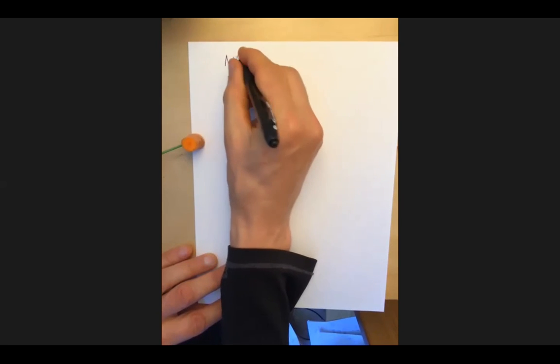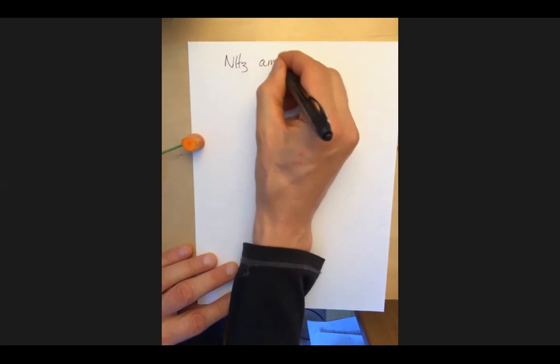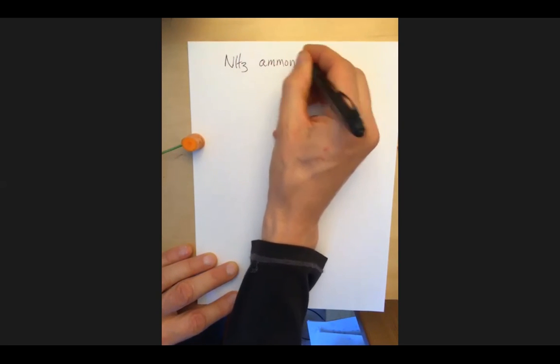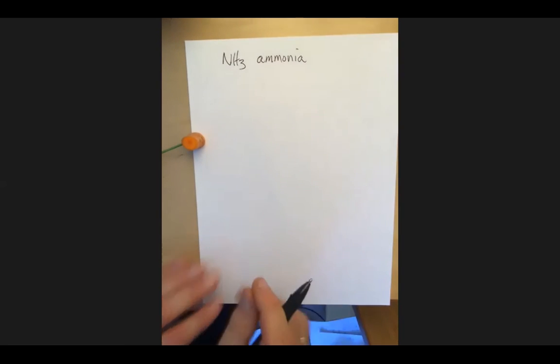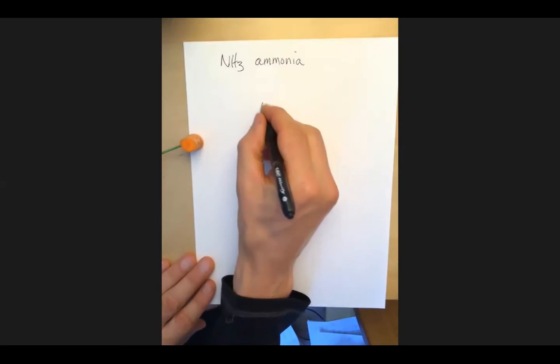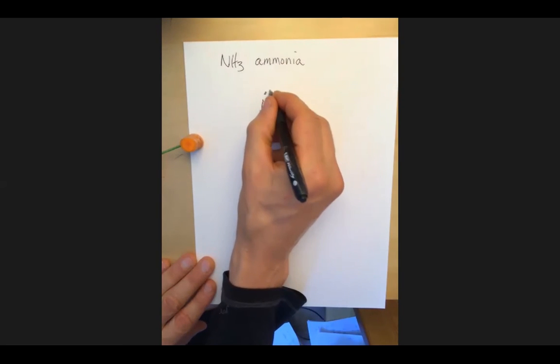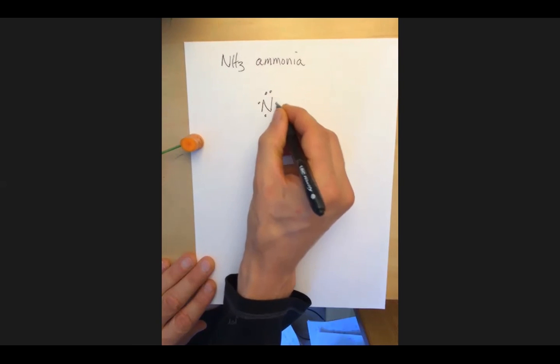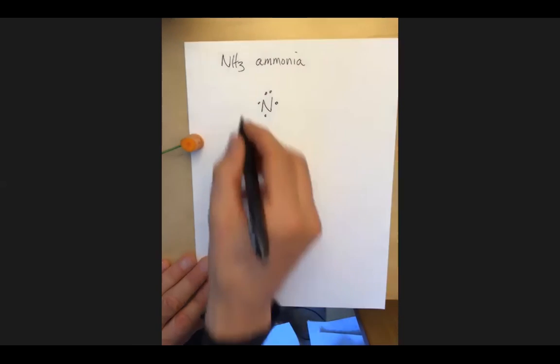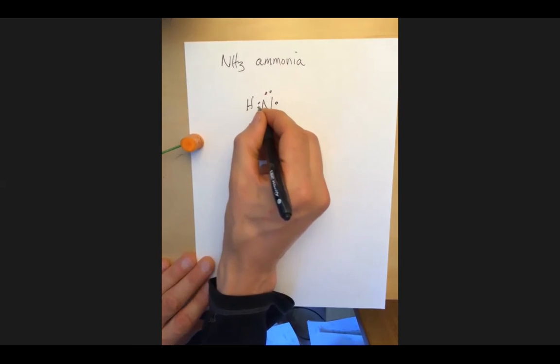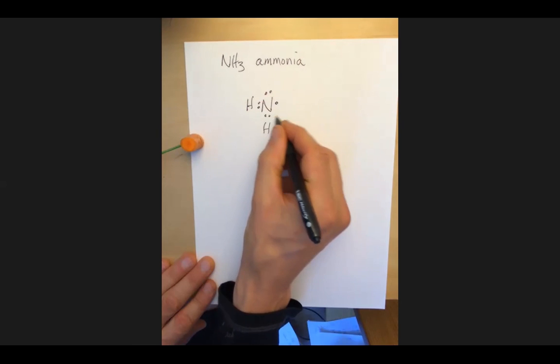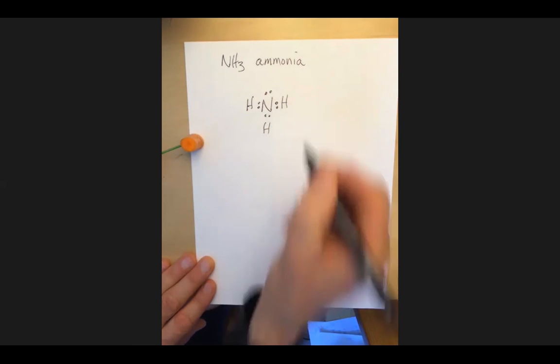I want to do NH3, ammonia. So for ammonia, we've got nitrogen, group 5, 1, 2, 3, 4, 5. It needs 3 electrons. We've seen from our Lewis structures, 1, 2, 3.